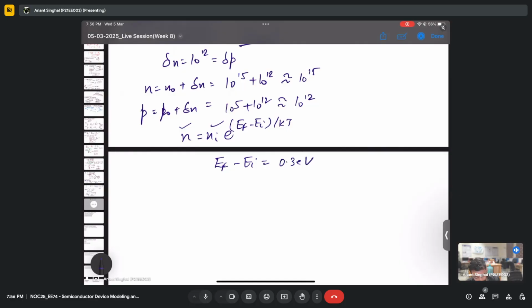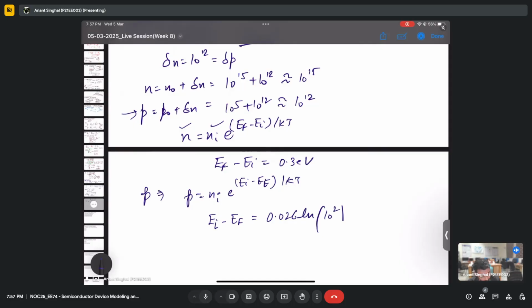But now we have a p-type thing also. So for p-type, if you remember, we have this exponential of EI minus EF over KT. So if you try to calculate EI minus EF over KT now, due to these excess carriers, there is one more Fermi level that will be 0.026 ln P by ni, and P is 10 to the power 12, so it will be 10 to the power 2.